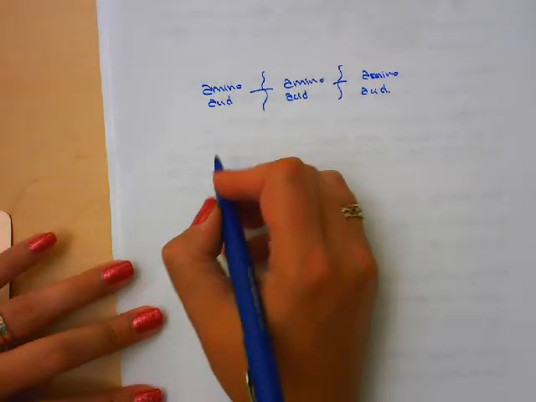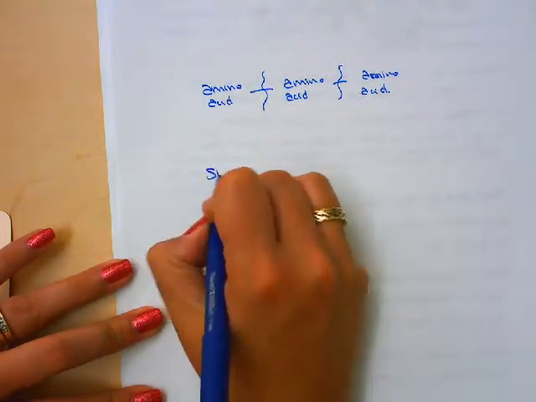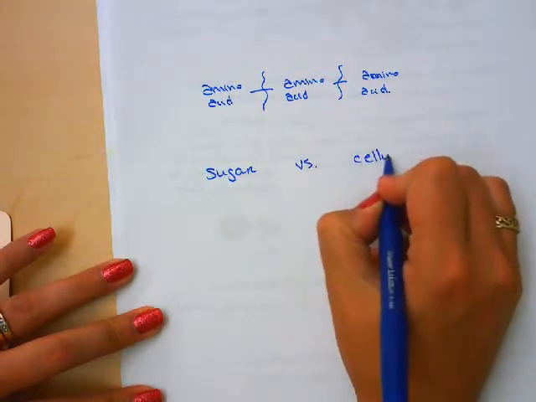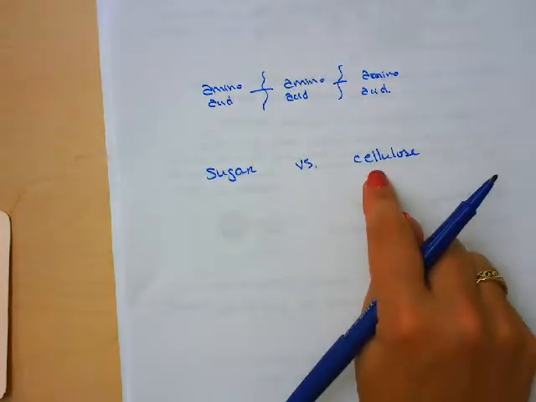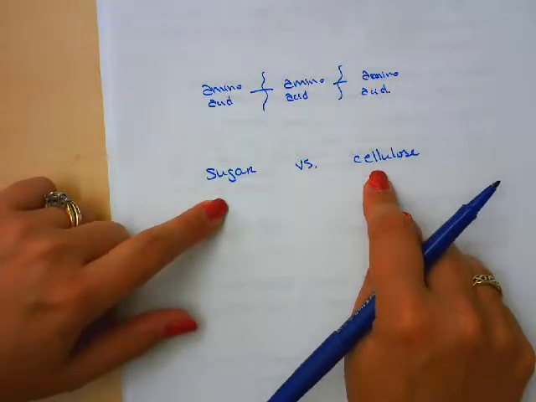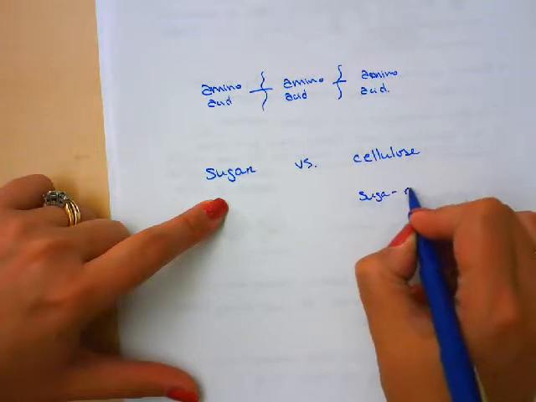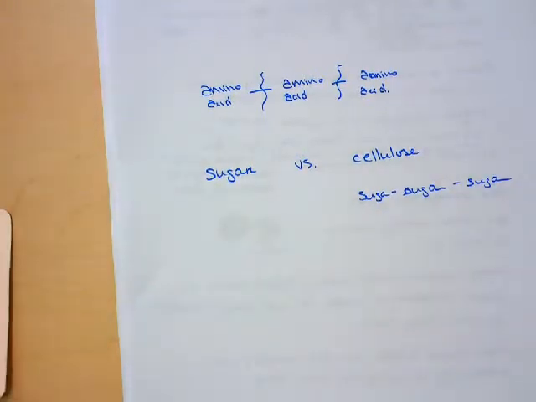Oh, an even better example. Let's talk about sugar versus cellulose. So cellulose is a version of sugar. It's a bunch of sugar molecules all stuck together in a long chain. So it's really sugar, sugar, right, something like that.